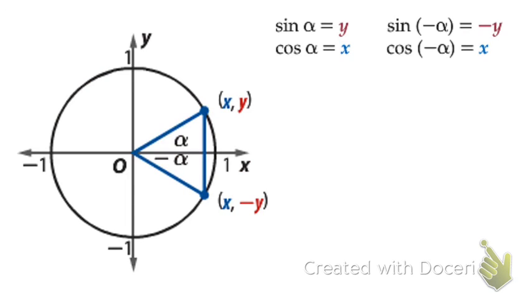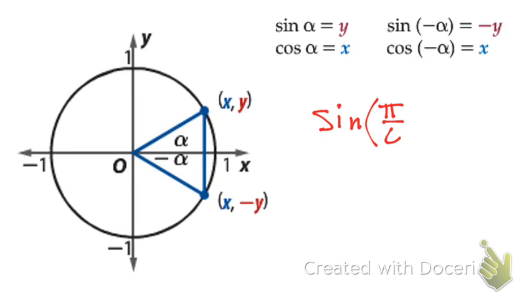All right, we can also use the properties of the symmetry of our unit circle by looking at what happens when I take a point and flip it down. We notice the x value stays the same, but the y value went from positive to negative, and my angle went from a positive angle to a negative reference angle. And so from there, we see that sine of the opposite angle is the opposite of the value, and cosine of the opposite angle is still the same thing.